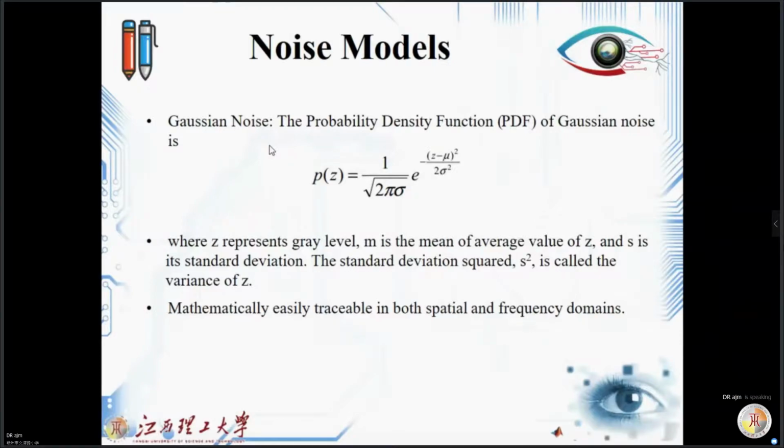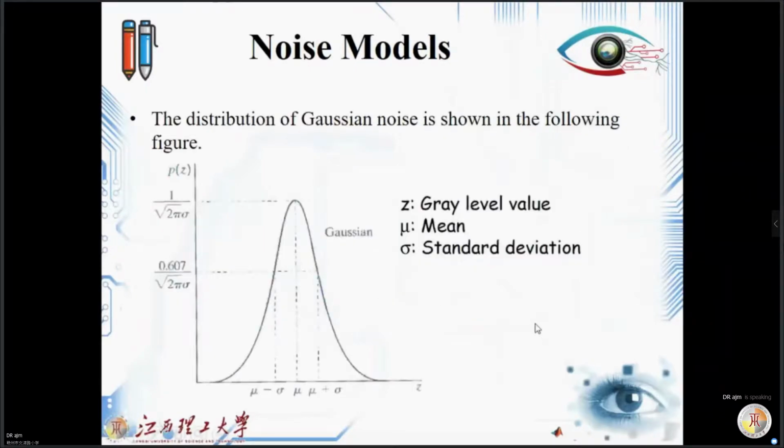The standard deviation squared, s², is called the variance of z. In this form, it is mathematically easily traceable in both the spatial and frequency domains. This is the very famous Gaussian form, and I know you have a probability course in which they describe the Gaussian formula.